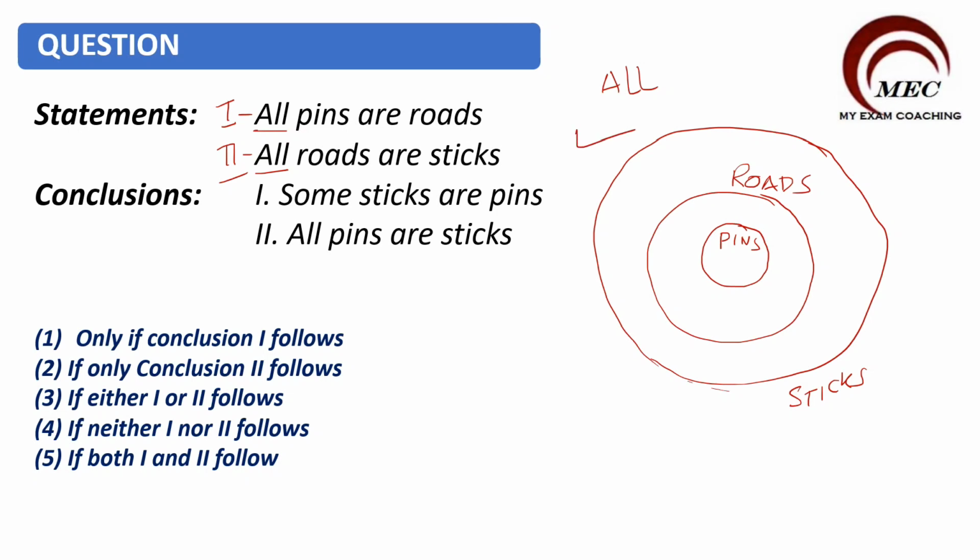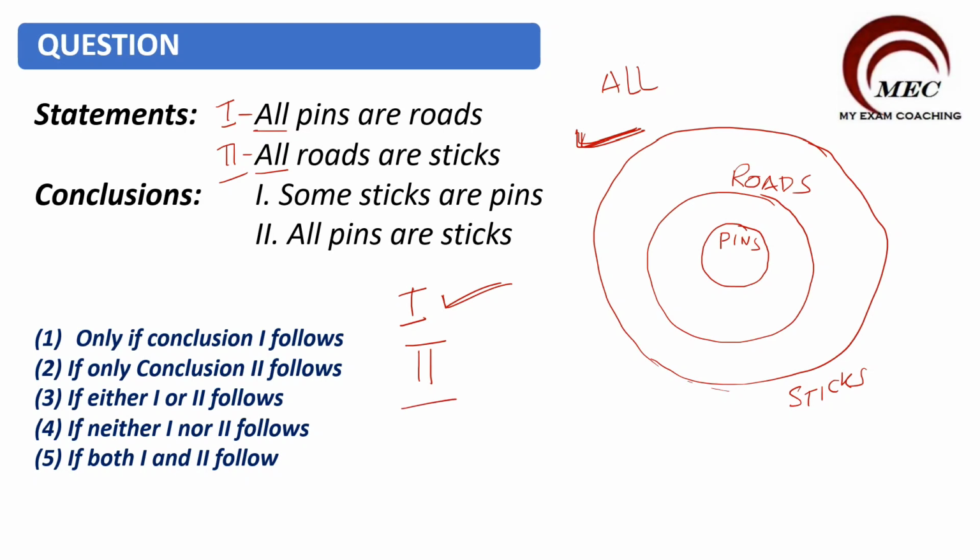Using this Venn diagram, let us see which conclusion is correct. Conclusion 1 says some sticks are pins. Of course, this full circle is stick, and under that, pins are there. So some sticks are pins. Conclusion 1 is correct. The second conclusion says all pins are sticks.